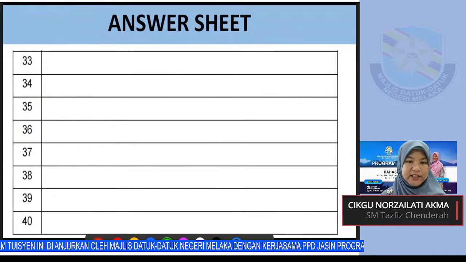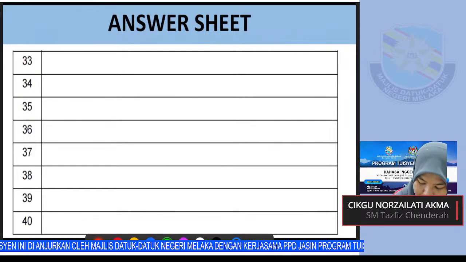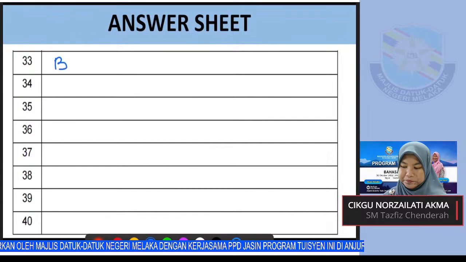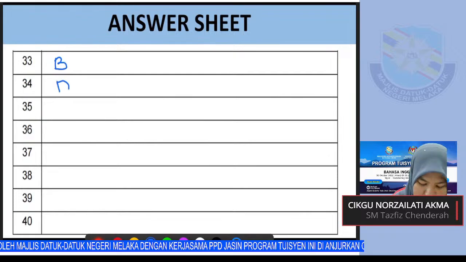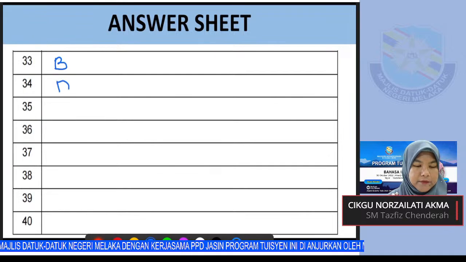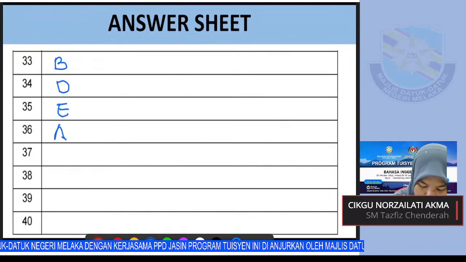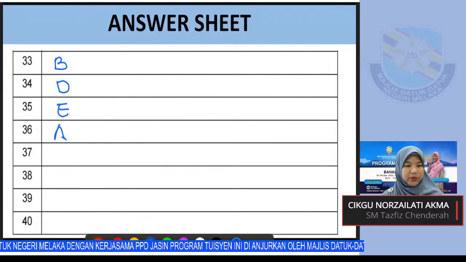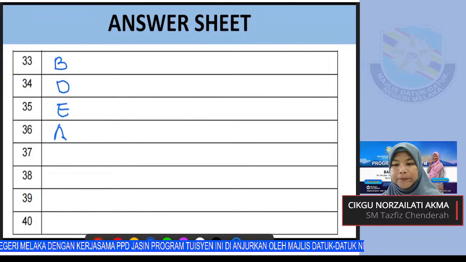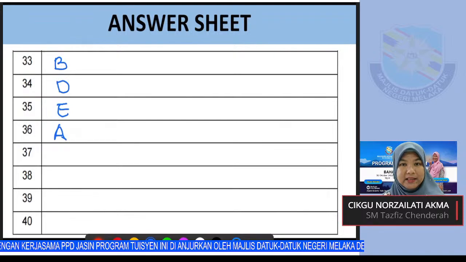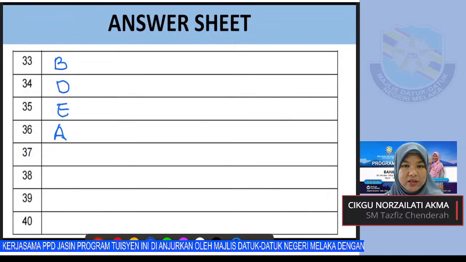For 33 just now, what do we have? The answer is B. And 34, the answer is D. For 35, E. And 36, it is A. For questions 37 to 40, I want you to be extra careful in transferring your answers.